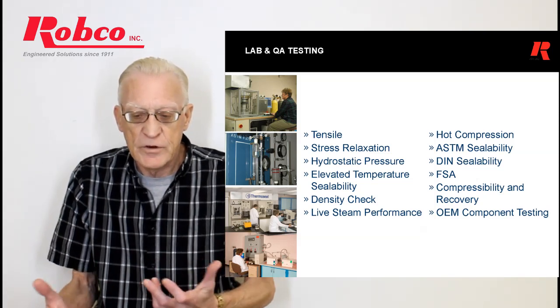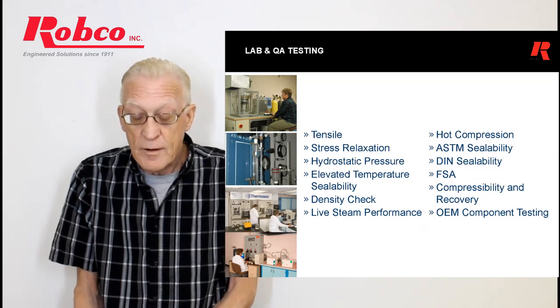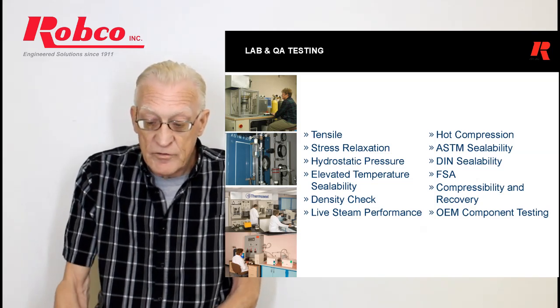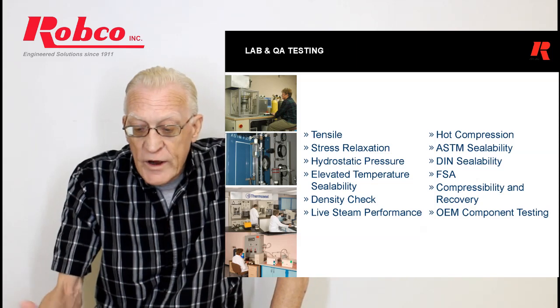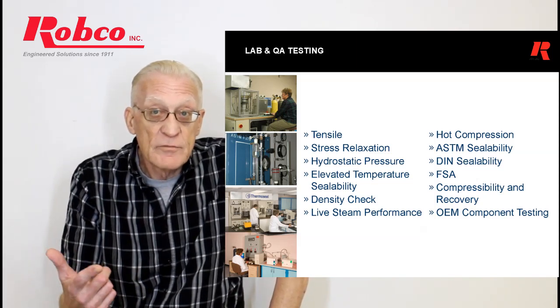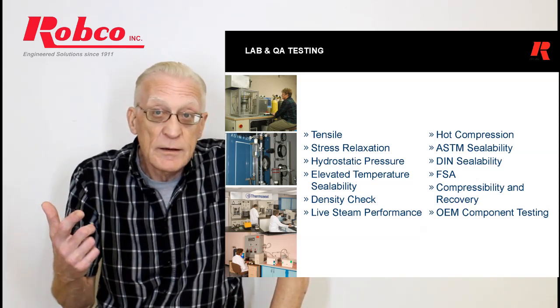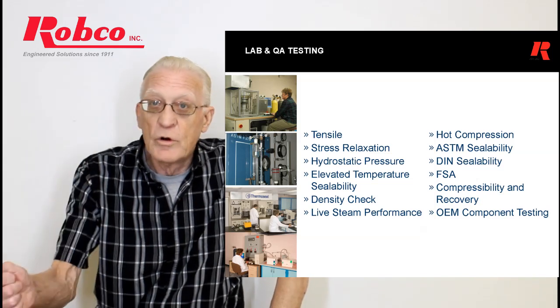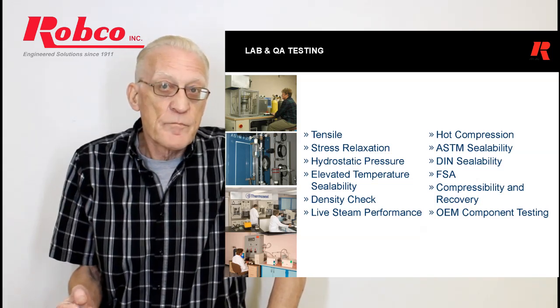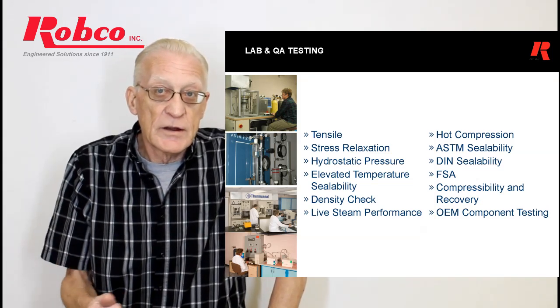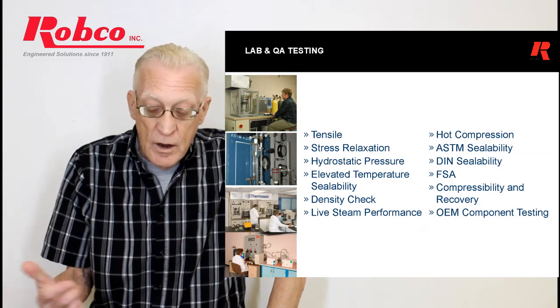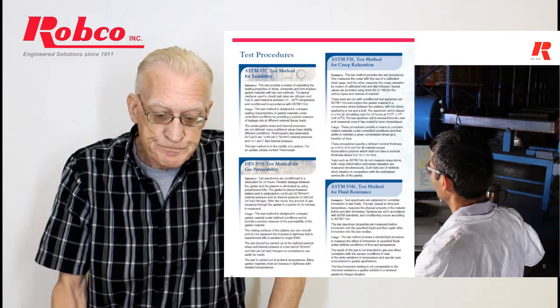And we'll see the difference between the two. Basic tests, compressibility and recoveries, and OEM testing. You might have a customer saying, I need it to go into oil and swell this much, or it needs to resist this kind of temperature for X amount of time. We could do those kind of tests as well.